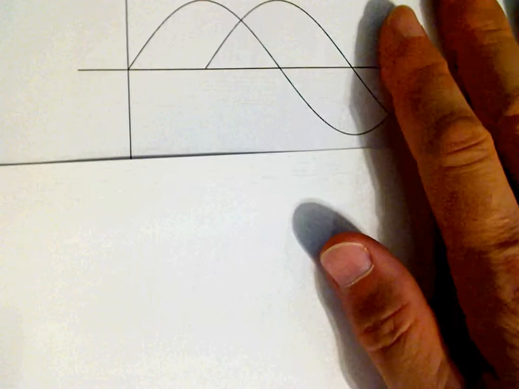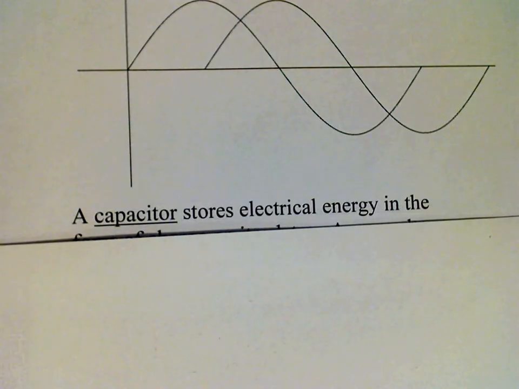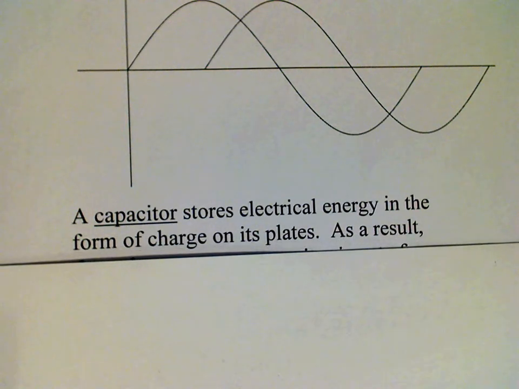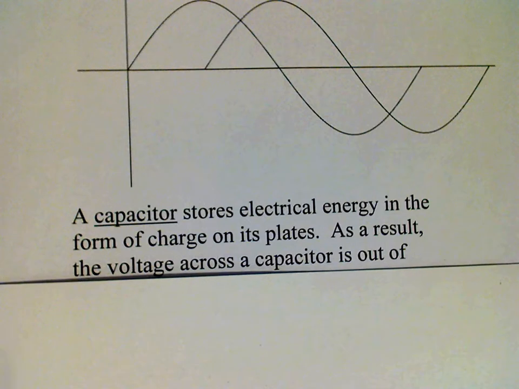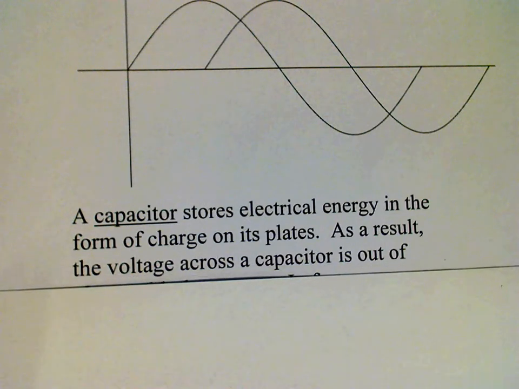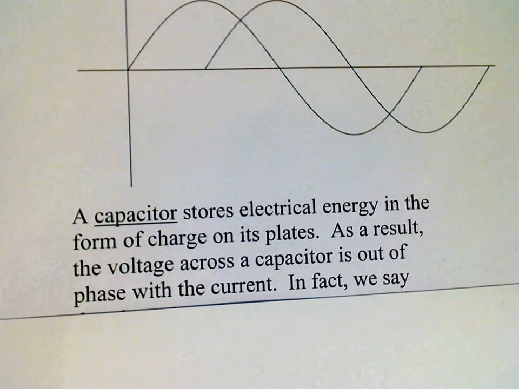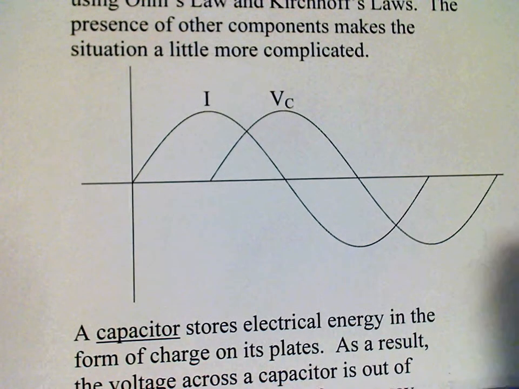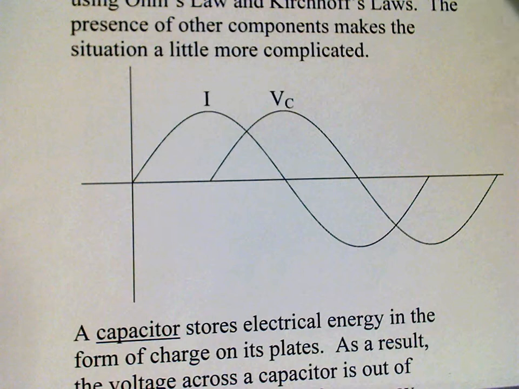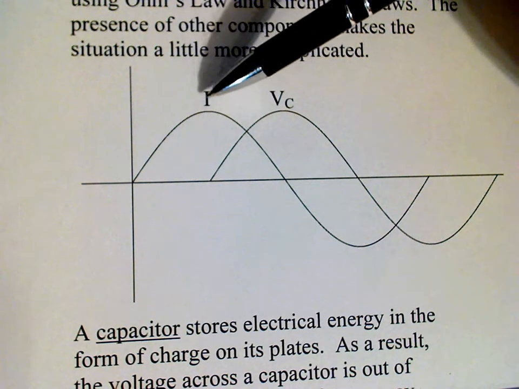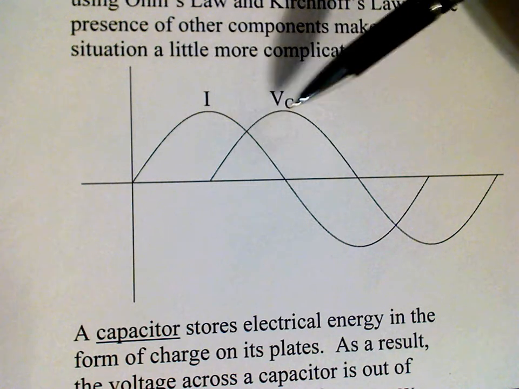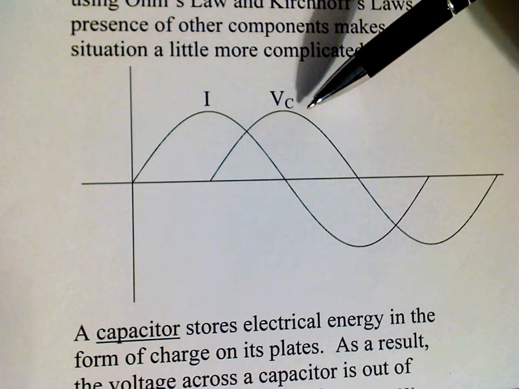Consider the capacitor. A capacitor stores electrical energy in the form of charge, and as a result, the voltage across the capacitor is out of phase with the current. And we can see that in this diagram here. In a capacitive circuit, the current leads the voltage by 90 degrees.